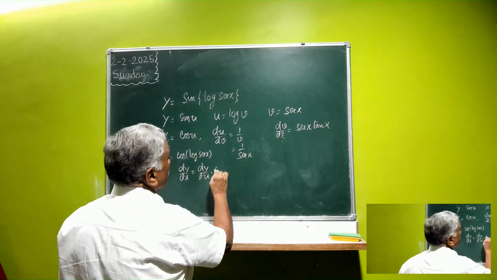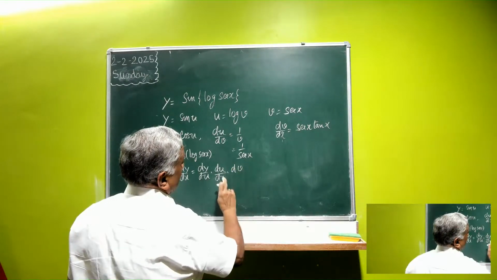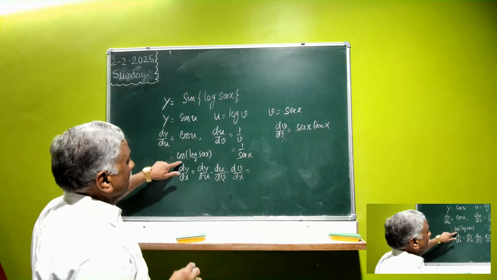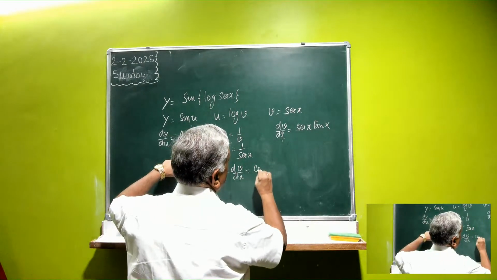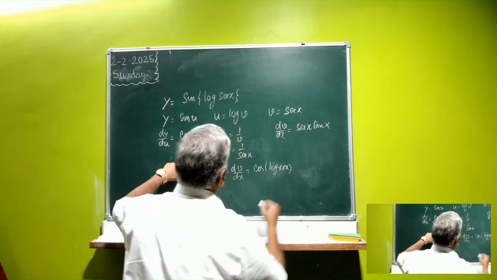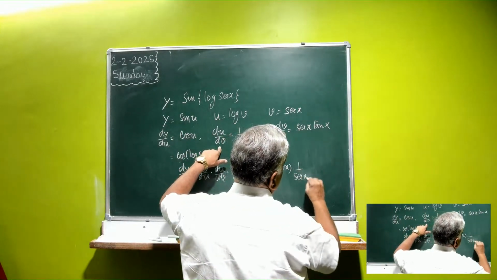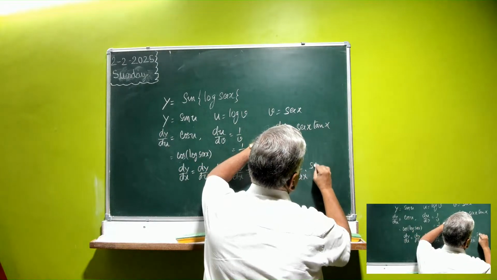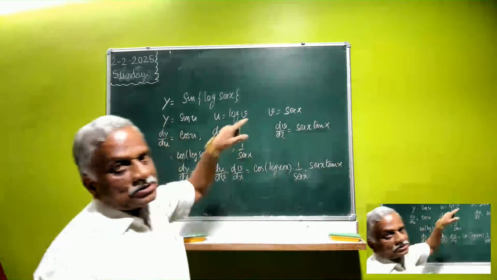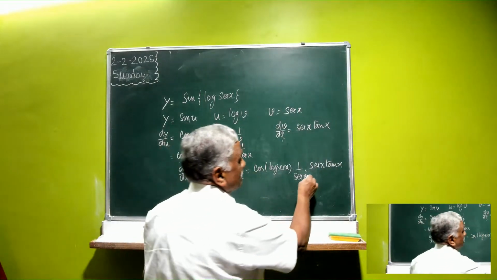So dy by dx is dy by du into du by dv into dv by dx. dy by du is cos log secant x. du by dv is 1 over secant x. And dv by dx is secant x tan x. Though I had written 1 over secant x as cos x, afterwards I thought, let us keep it like this. Why? We can cancel this.